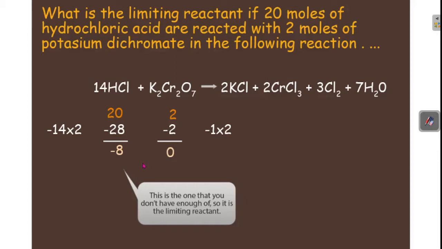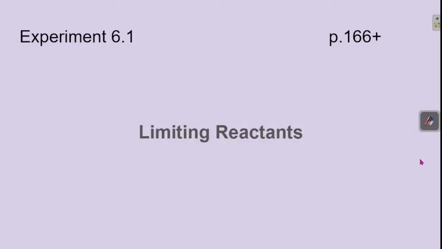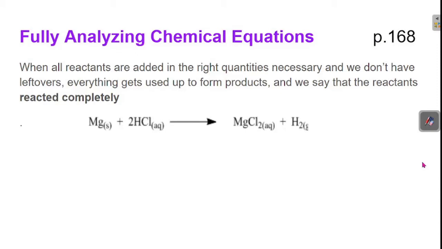So whomever runs out first is the limiting reactant. If both of them were 0, then it would be perfect. All of the reactant would be used up to produce the maximum amount of product that they can produce. So if that happens, if you don't have any leftovers, then you say that the reaction has reacted completely.